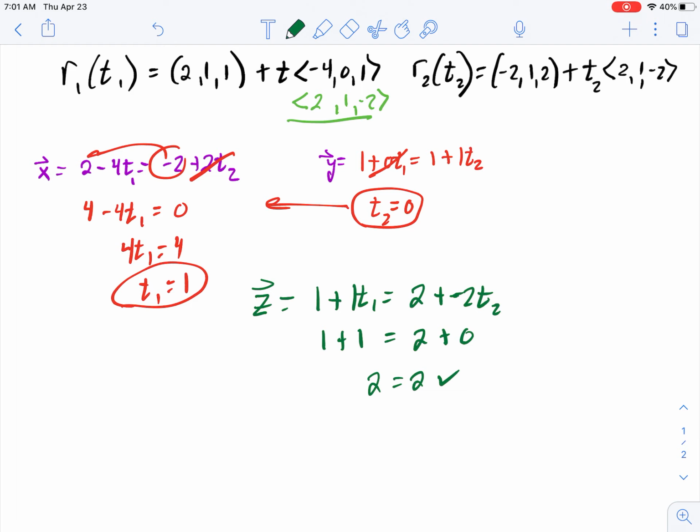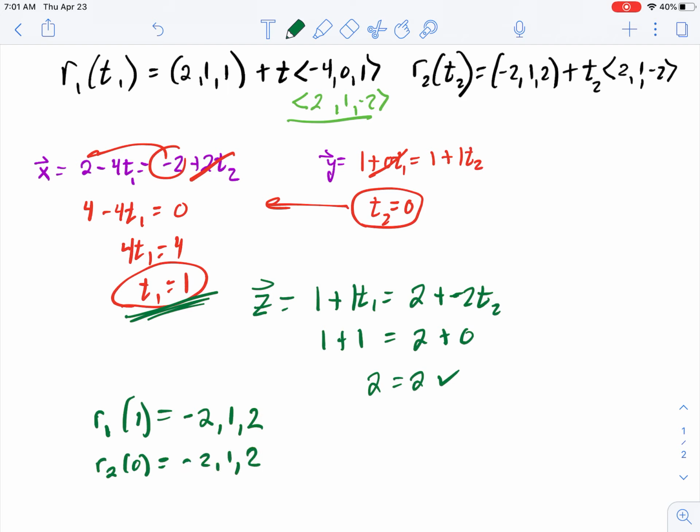So where is that location? Well, plug in, and I'll just use T1 here. I could use either one. So if I plug in for R1, and you can check my work here, you should get negative 2, 1, 2 by plugging in there. Now if I do R2, which would be 0 time, that would probably be the easiest one.